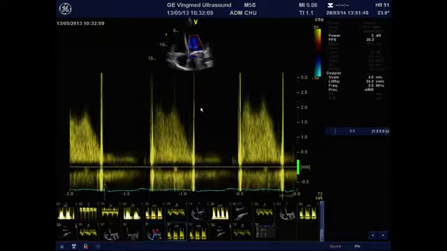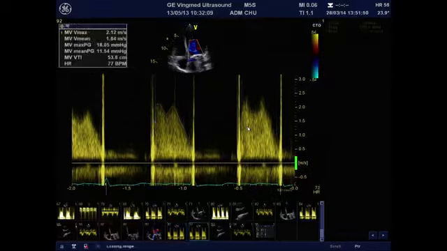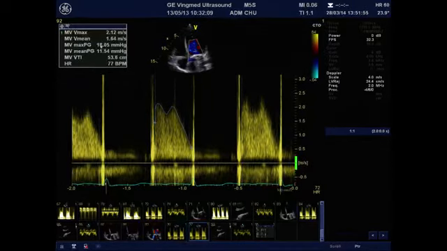And when you interrogate the prosthesis with the continuous wave Doppler, you can note the really high velocity. When you trace the envelope, you know that the mean gradient is almost 12 millimeters of mercury, which is above the normal. The normal should be less than 5 millimeters of mercury.